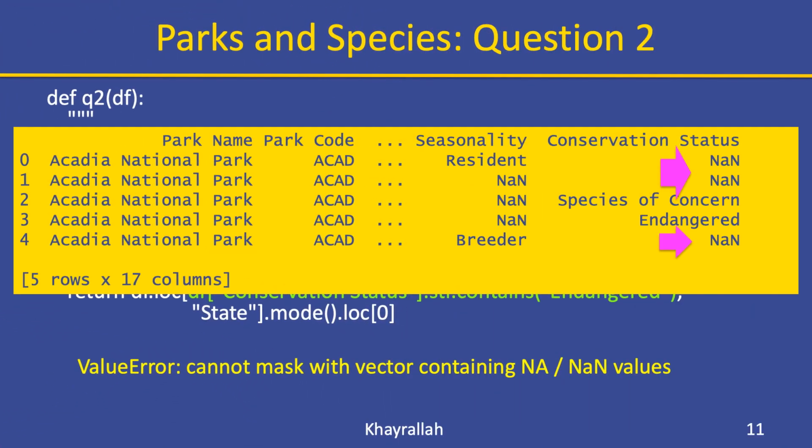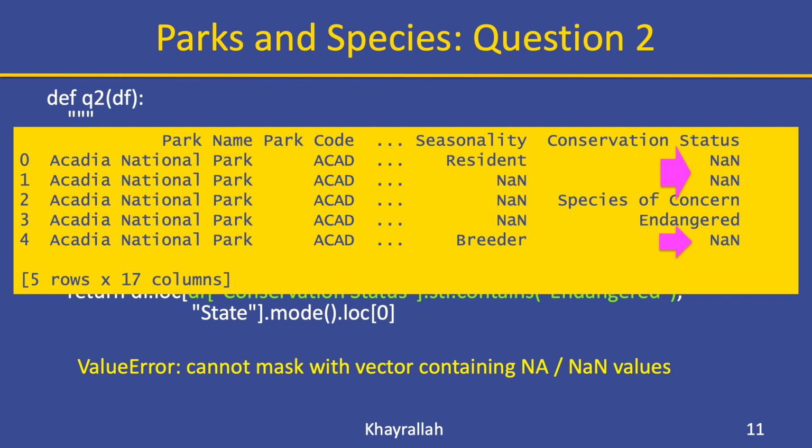To figure out what's going on here, let's go back to our merge data frame. This is the header we had printed, the first 5 rows in the data frame, and you can see here that we have NaN values under conservation status. Not all the species have the conservation status set to something.